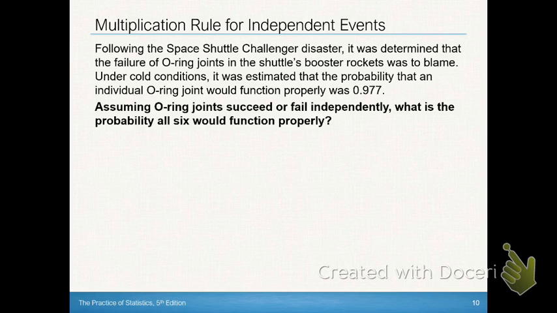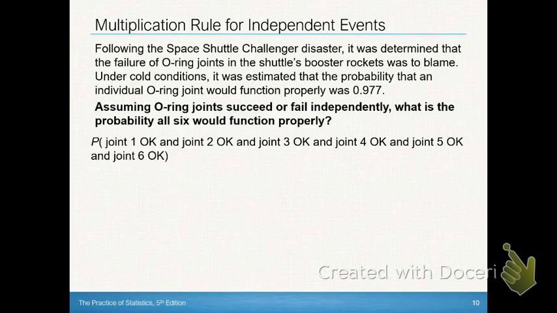So I've got these O-rings, and they function properly 97.7% of the time. And I want to find what's the probability that I pick 6 of these O-rings and all of them are working properly. So that means the first one works, the second one works, the third one works, the fourth one works, the fifth one works, and the sixth one works. They all work.